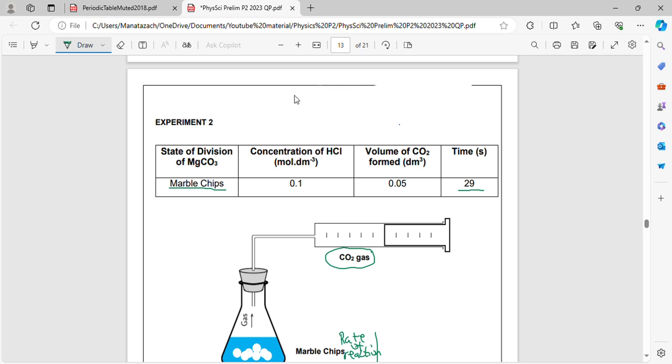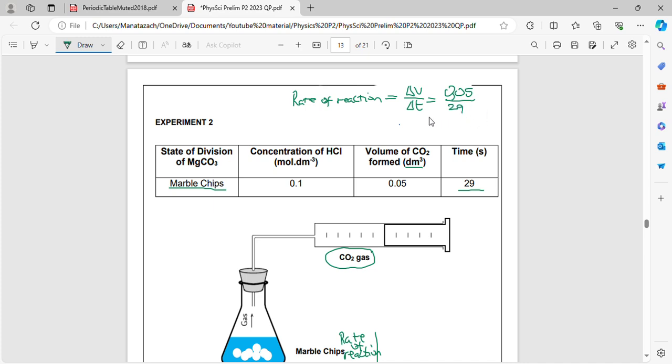So here we'll say the rate of reaction, since you need to present it in terms of dm cube, which is the volume, is the change in volume divided by change in time. So here the change in volume for the carbon dioxide gas is 0,05 dm cube divided by the time in seconds, which is 29.